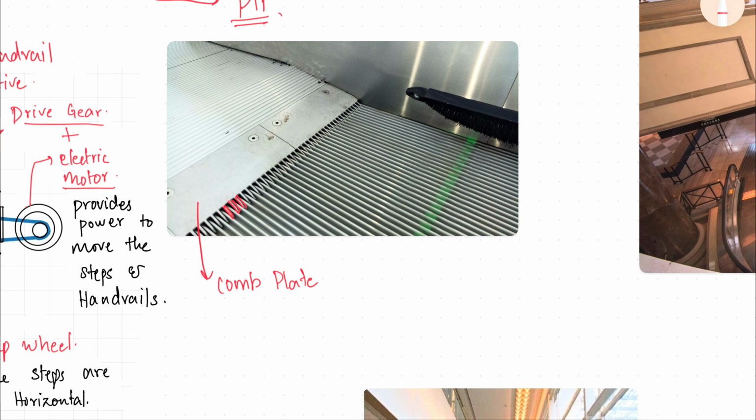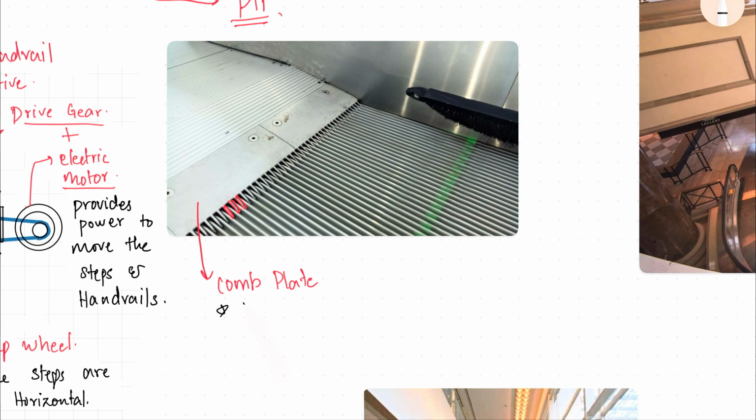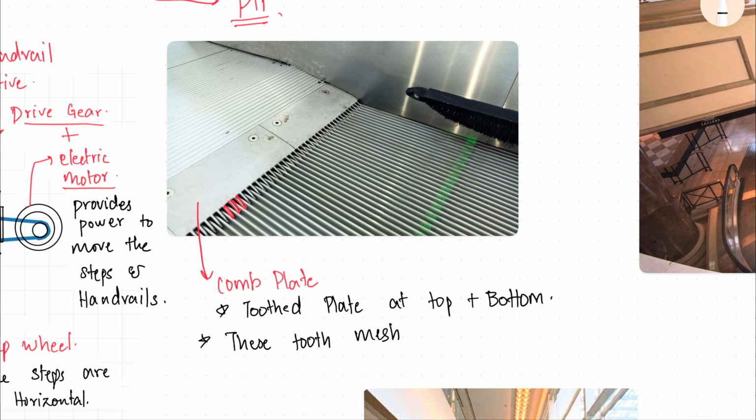Okay, so this is a toothed plate present both at the top as well as the bottom, and these teeth mesh with matching grooves, or you can also call them cleats, on the steps, so that nothing gets trapped in between. Okay, so this is like a groove and interconnecting system, right?